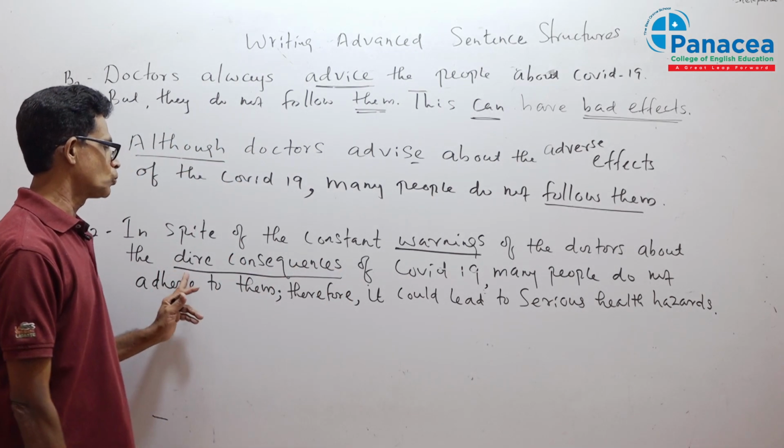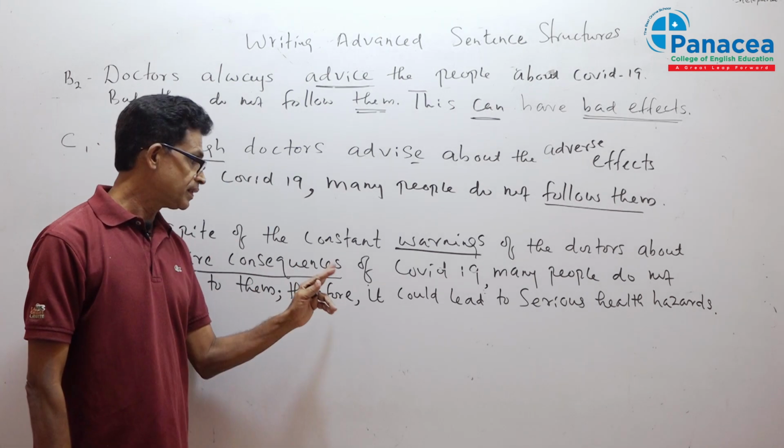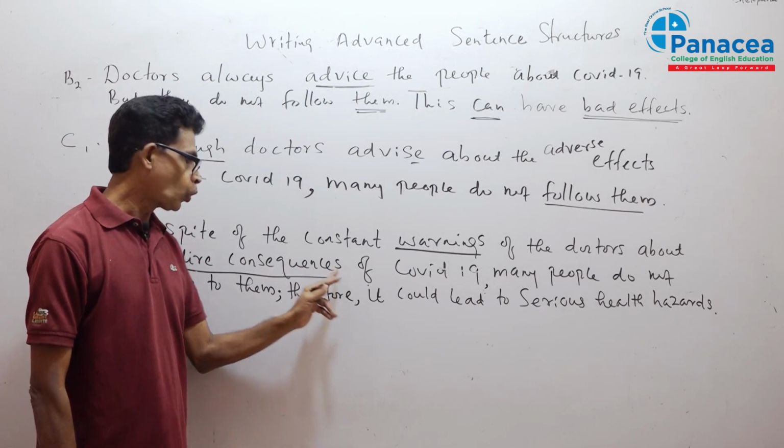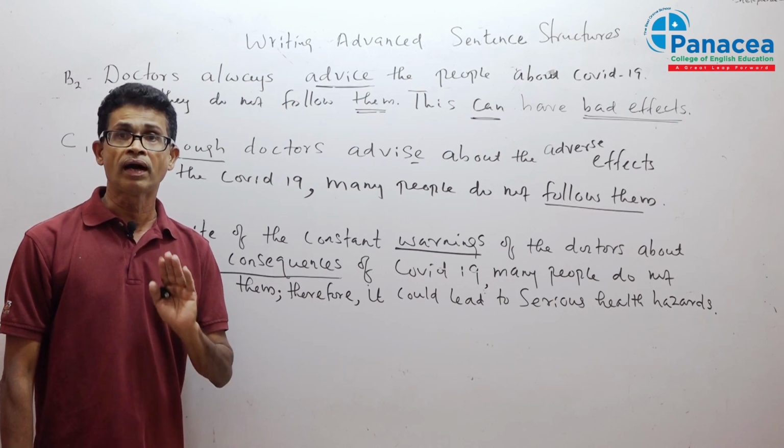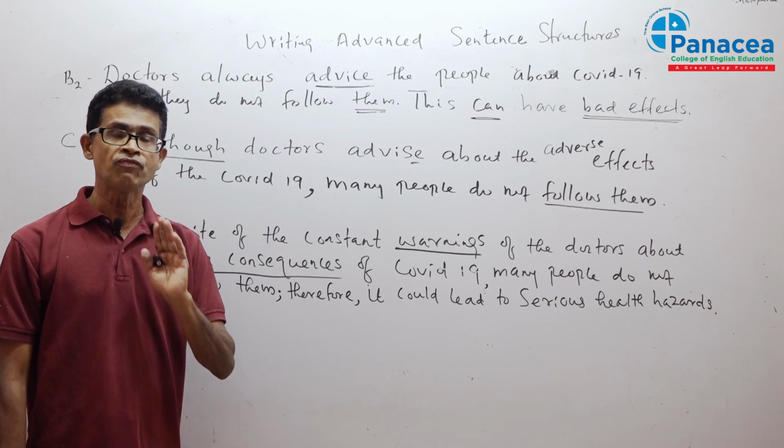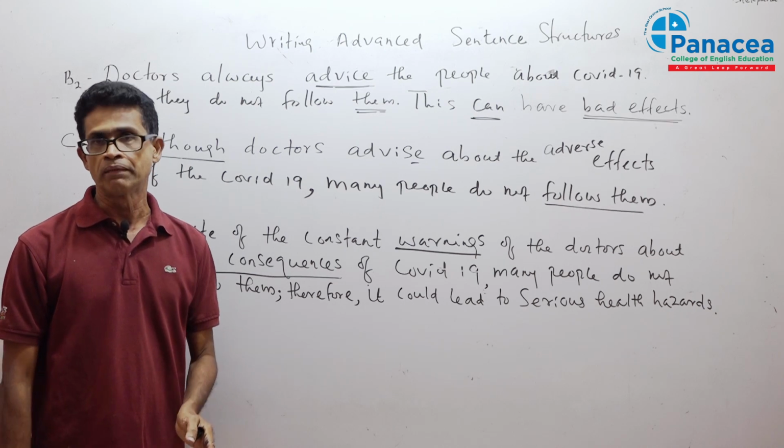What does dire consequences mean? Bad result. This is a use of collocation. You should be able to use collocation at IELTS level if you want to get a better band score.